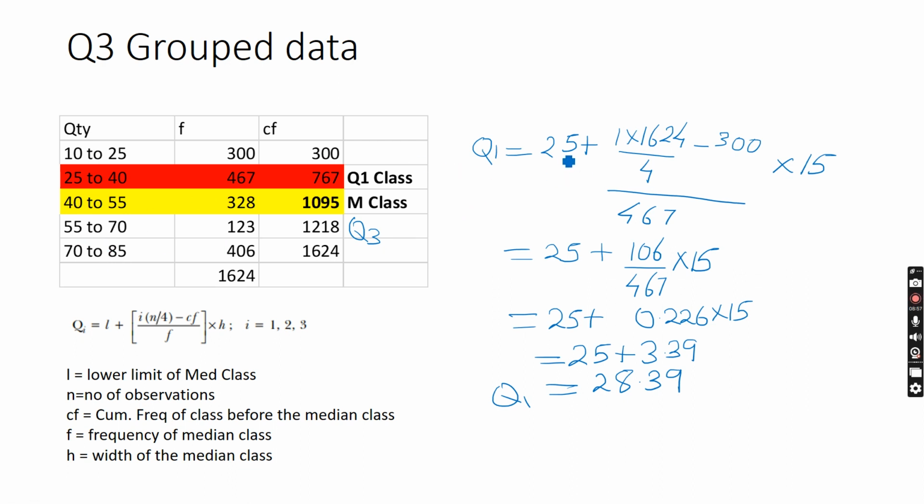So in place of 25, I would denote 55, plus 3 into 1624 upon 4, that is 1218, minus CF of the previous class, that is 1095, divided by the frequency of the Q3 class, that is 123, into 15. Go ahead and calculate, and if your answer matches, your answer should come to Q3 equal to 70.